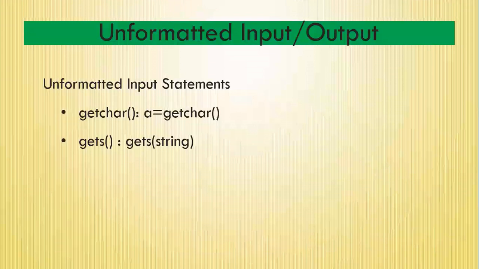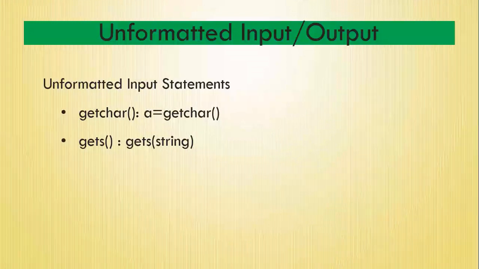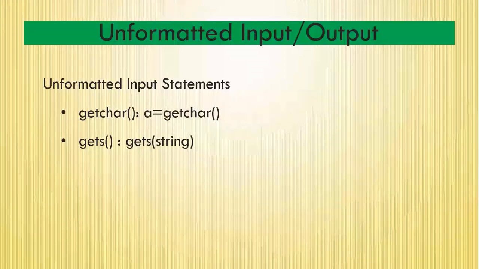Since they are included in stdio.h, a C program that uses these functions should explicitly have the preprocessor statement #include <stdio.h>. Whenever you write a program, first you have to mention #include <stdio.h>, because the definitions of the getchar and gets functions are defined under this header file.